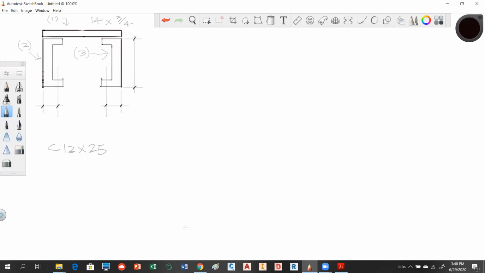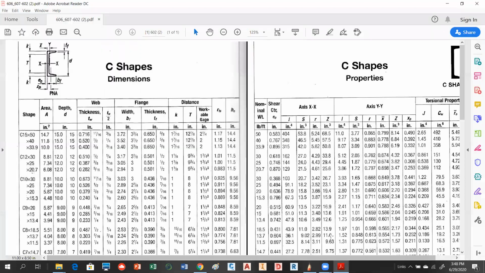Okay, so we need to go get some information. So we are dealing with a 12 by 25, and we need the area of that. And notice we need the depth. Depth is critical on this, so that's a depth value here. So that's exactly 12.